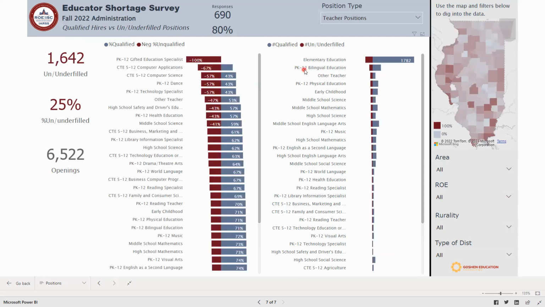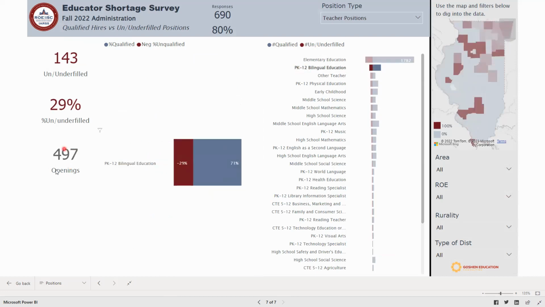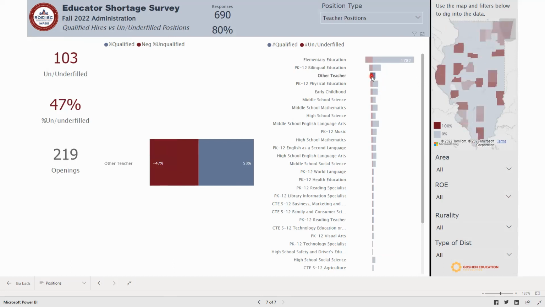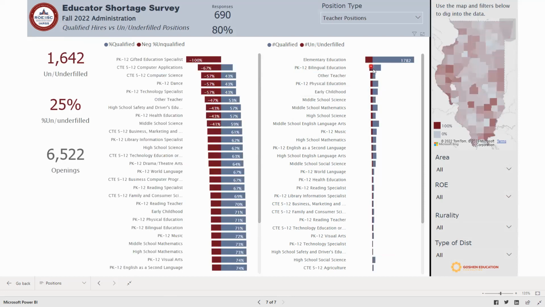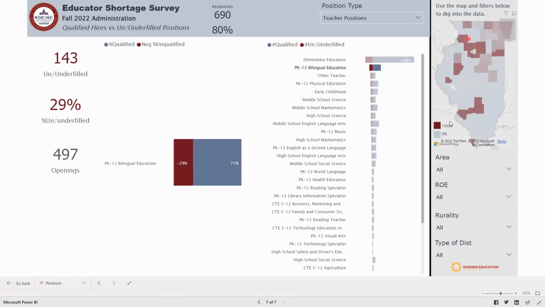If I look at PK-12 bilingual education, 497 openings, 143 went underfilled. And you'll notice that as I filter through these different types of openings, that the map is updating. And so you get a sense for the geography of where these open positions are. So these bilingual openings spread throughout the state.